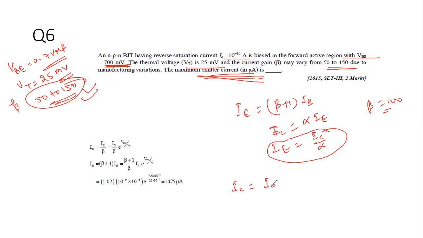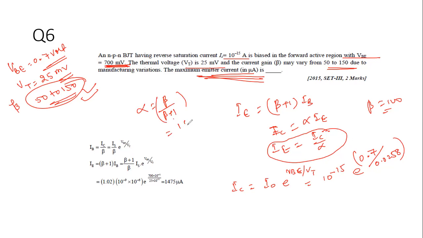IC equals what? I naught e raised to the power VBE by VT. Just put 10 raised to the power minus 15, e raised to the power VBE, so VBE equals 0.7 divided by VT 0.0258. Just put in these values. Alpha equals what? Alpha is equal to beta upon beta plus 1, so this can be written as 100 upon 101.